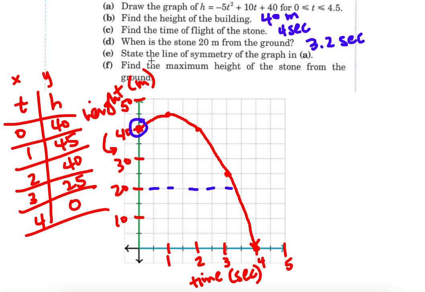And then state the line of symmetry of the graph in A. Okay, well, the line of symmetry is basically where it kind of turns back over, right? So if we were to continue this quadratic graph, it would look like this. So the line of symmetry is actually, let me put that in a different color. The line of symmetry will be right here.